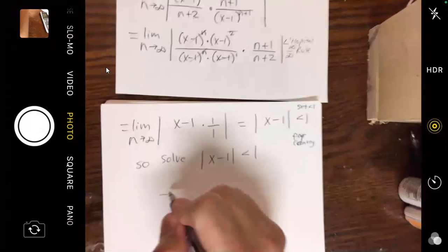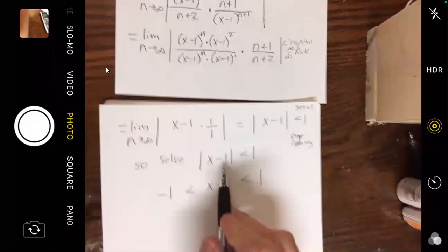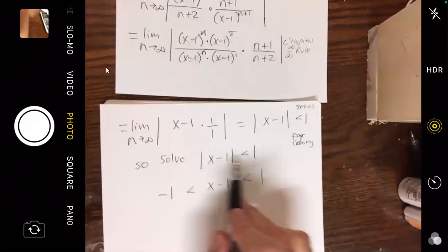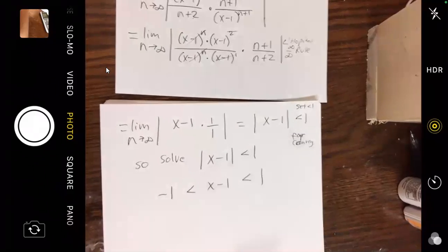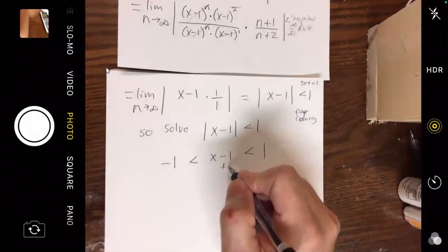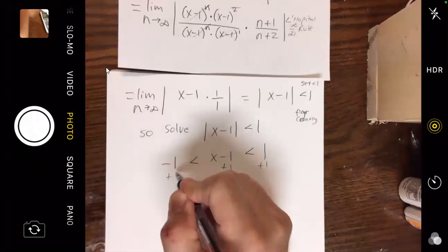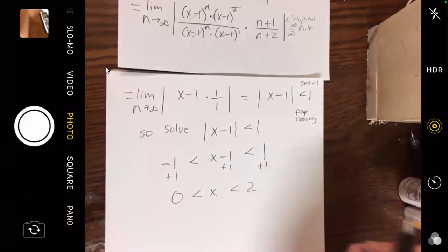And that means -1 is less than x minus 1, which is less than 1. This blob here has got to lie between the ones. Reaching back to your college algebra. And then you can add 1 to each part, and I wind up with 0 less than x less than 2.